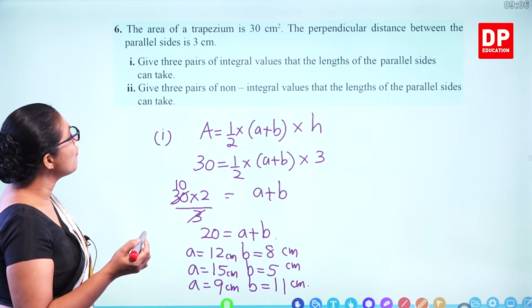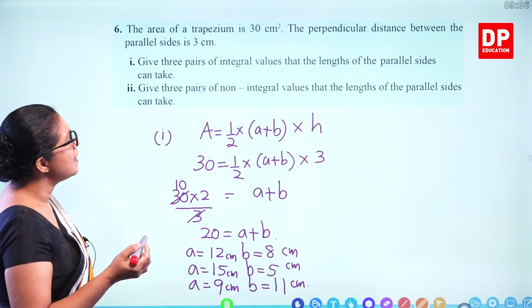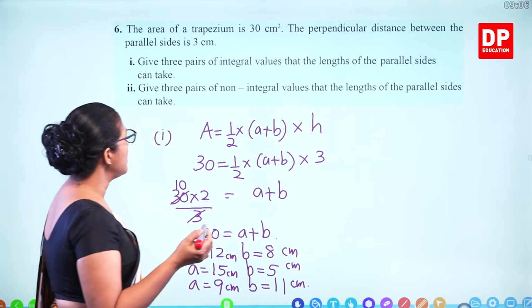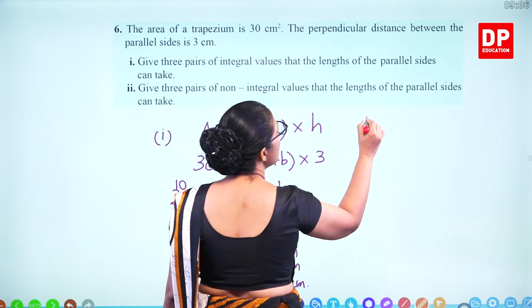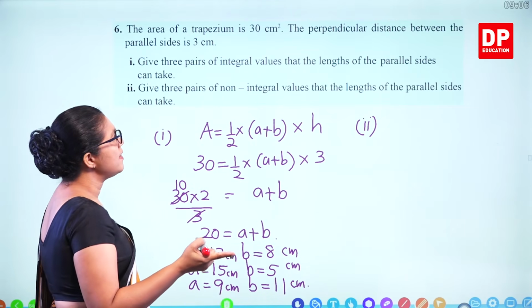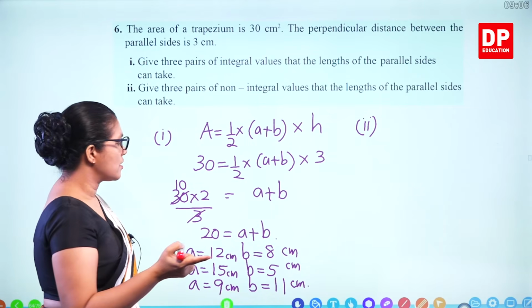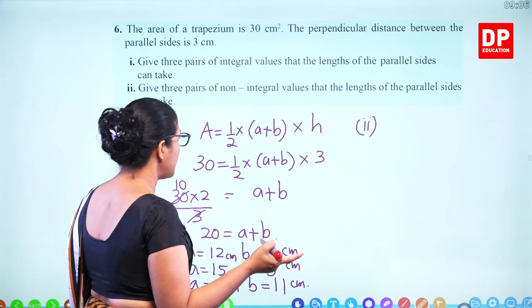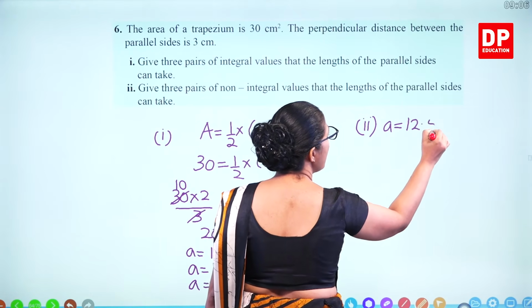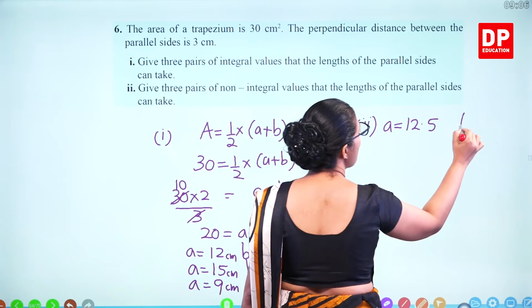Give 3 pairs of non-integral values that the lengths of the parallel sides can take. You can give any 2 decimal values. Non-integral means not integers. Decimal values you can give. If a equals 12.5, what's the b value?